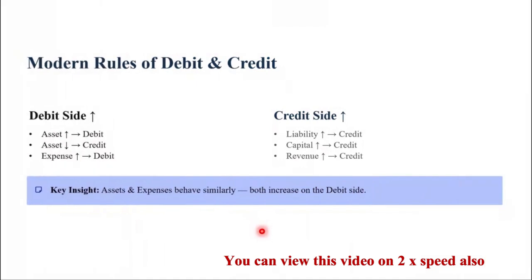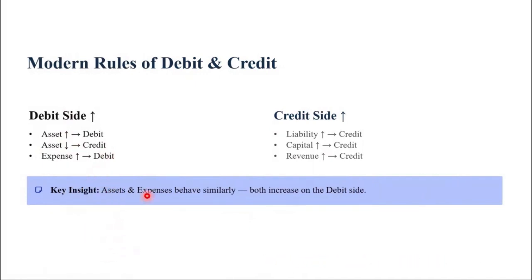The rules under the modern approach are very systematic. Asset increase is debited, asset decrease is credited. Expenses increase is debited, and oppositely, decrease is credited. Liabilities increase is credited, decrease is debited.